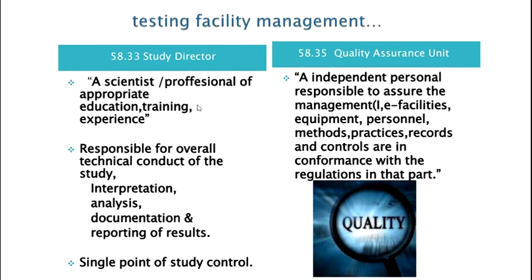It may be a scientist or professional who knows all the regulations, who is able to educate, who is able to find where the problem is, and then control and bring down the problems associated with the facilities or with the maintenance of the records, etc. And they are responsible for the overall technical conduct of the study, that is, interpretation of the result, analysis, documentation, and reporting of the result. So in case your results are not according to what is expected with respect to quality, the person has to find out where the problem has occurred and keep the process in control.